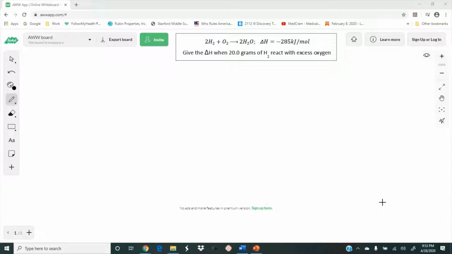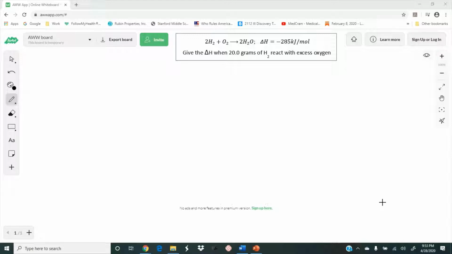This reaction gives off 285 kilojoules. That's why there's a negative, because it's exothermic. But per mole of what? Is it per mole of hydrogen? Per mole of oxygen? Per mole of water?